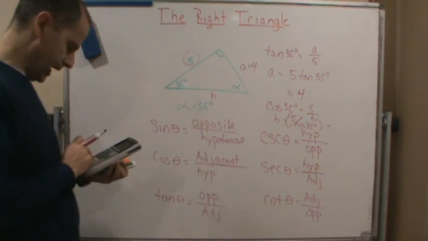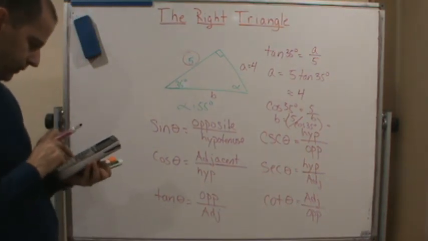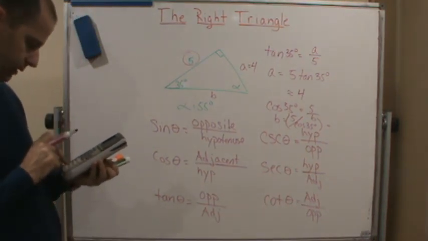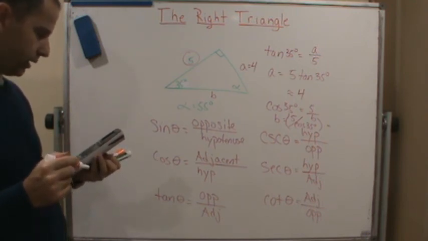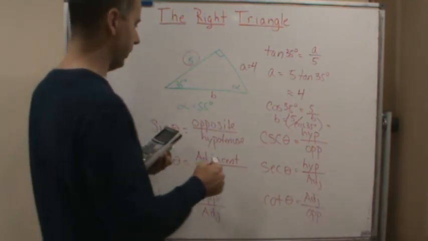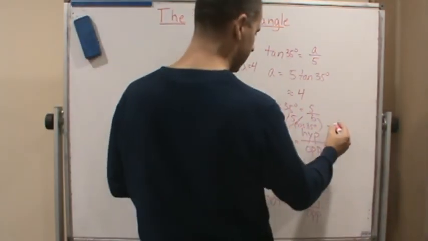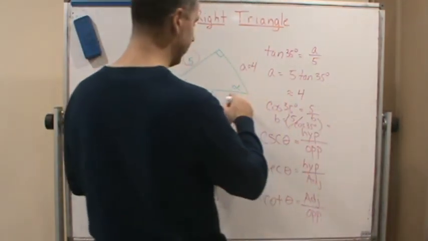So if I take 5 divided by cosine of 35, I get 6.10.